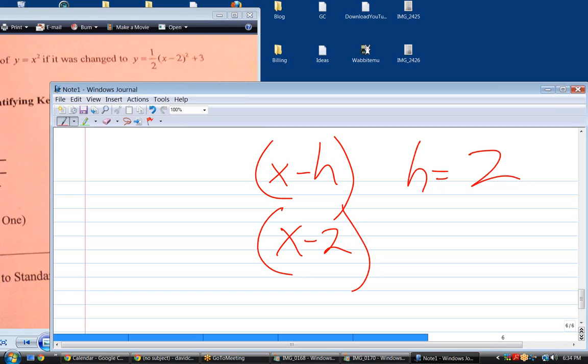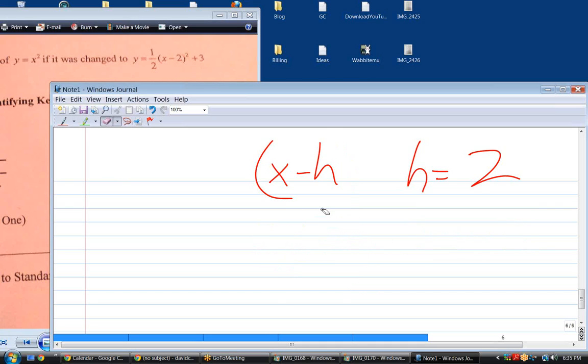And positive means shift to the right. So if I had x plus 2, that means h would have to be a negative 2, and I would have a shift of 2 units to the left. So basically negative means go to the right, positive means go to the left.